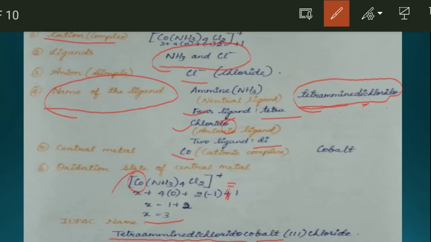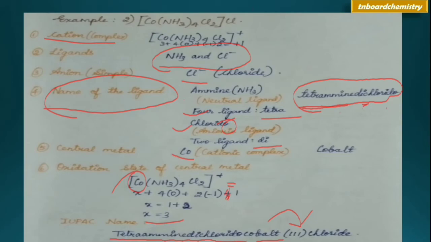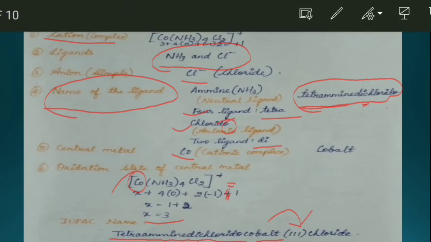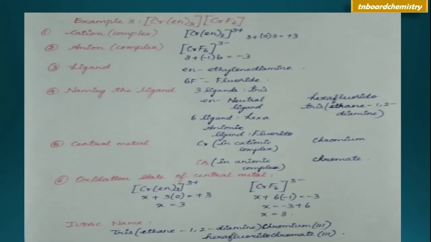After the metal, we have the oxidation state, that is +3, and finally the chloride is present outside the coordination sphere, so we are writing chloride. That's all. Then going to the next example.